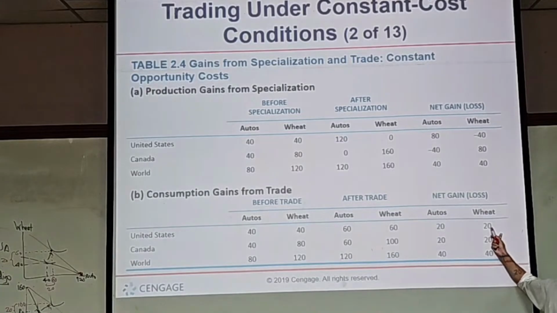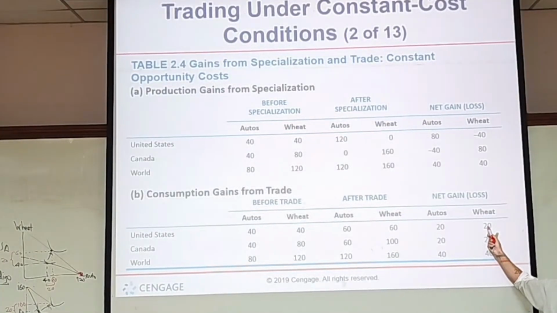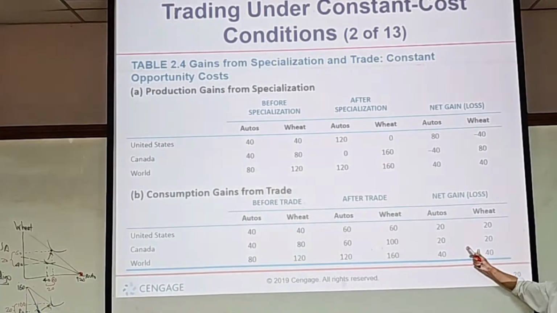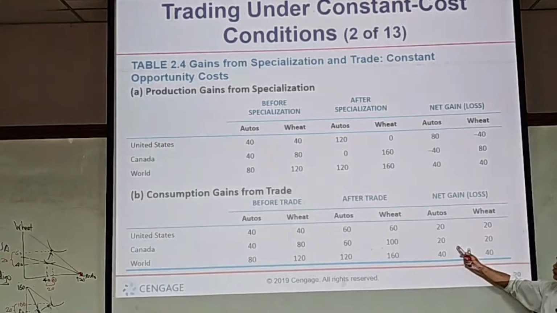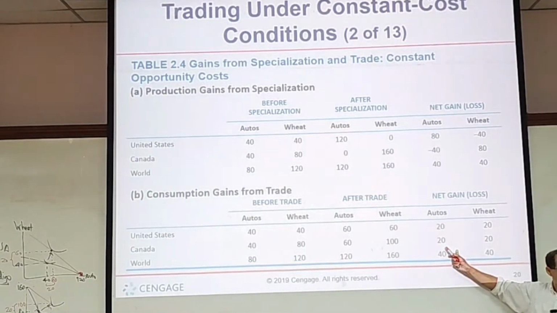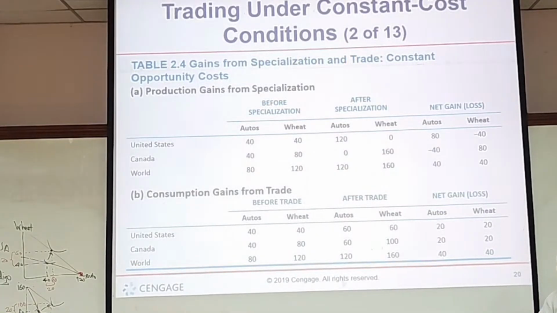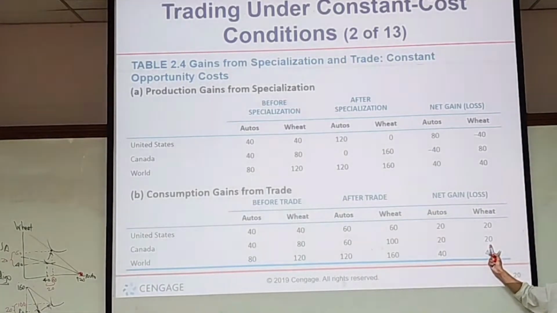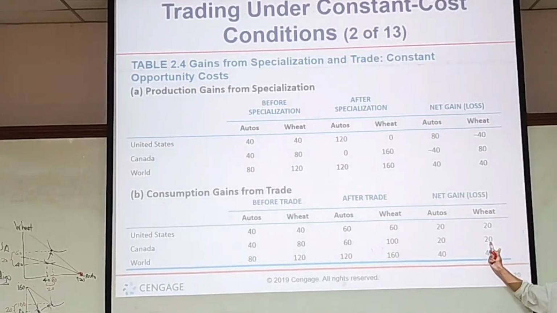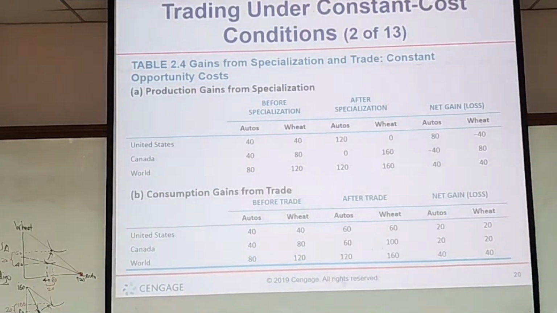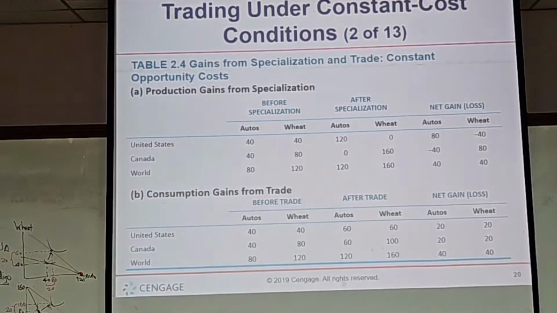More wheat can be eaten. Same for Canada: more autos can be driven, more wheat can be eaten, because of trading. Why? Because of specialization. One country specializes in automobiles, another specializes in wheat.